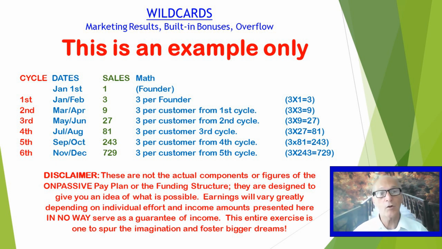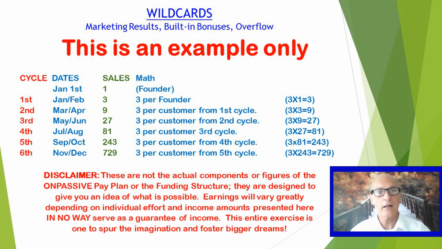The sales column you're looking at is the number of potential customers that we expect as a result of each of the cycles. As you can see, at the end of the year, at the end of the November, December cycle, it looks like there are 729 customer sales or customer accounts in this one founder account.